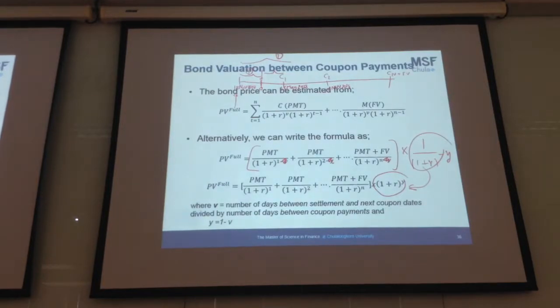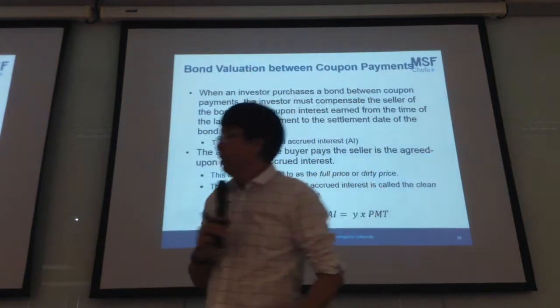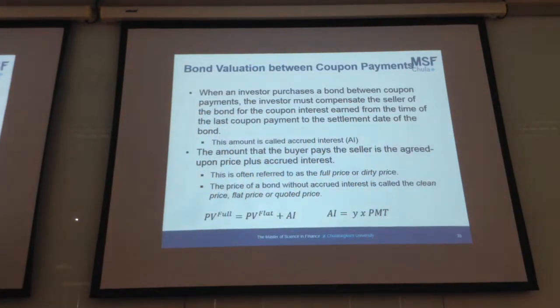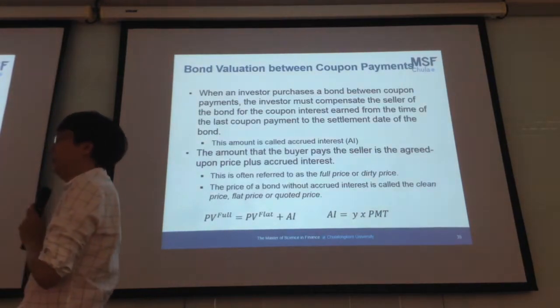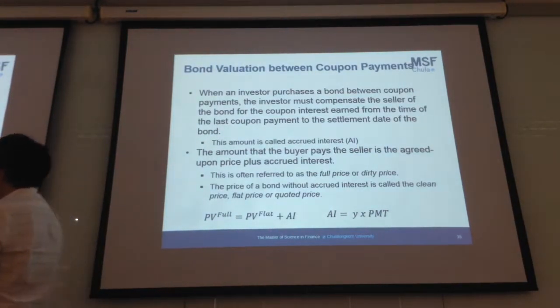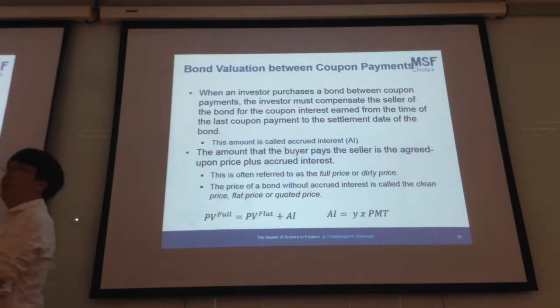You need to know the full price like this first, and then you just subtract the accrued interest. You know the accrued interest, you know the full price, so you can estimate the flat price. And the accrued interest AI is just equal to y that we just discussed in the previous slide, multiplied by PMT.